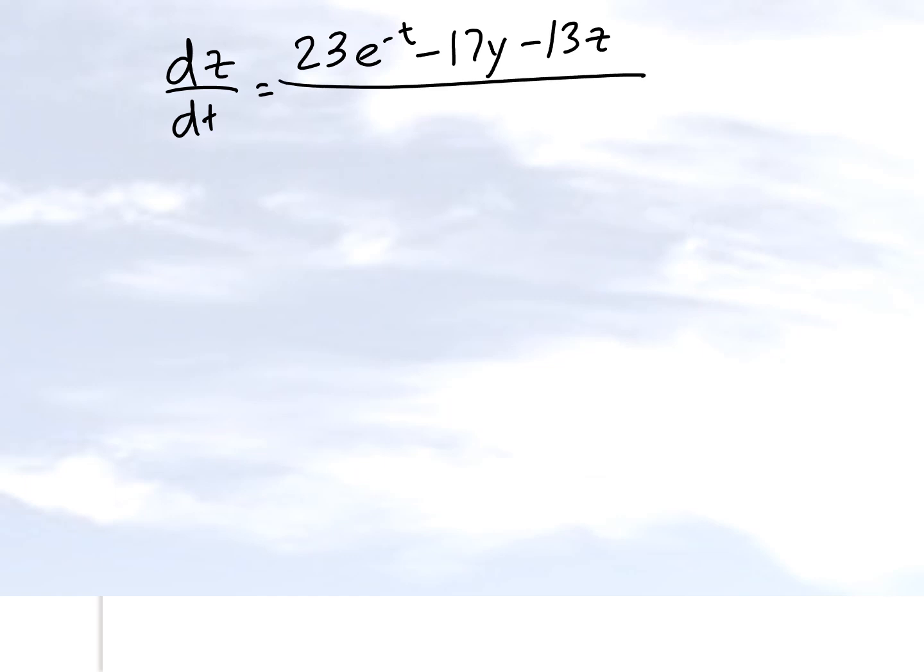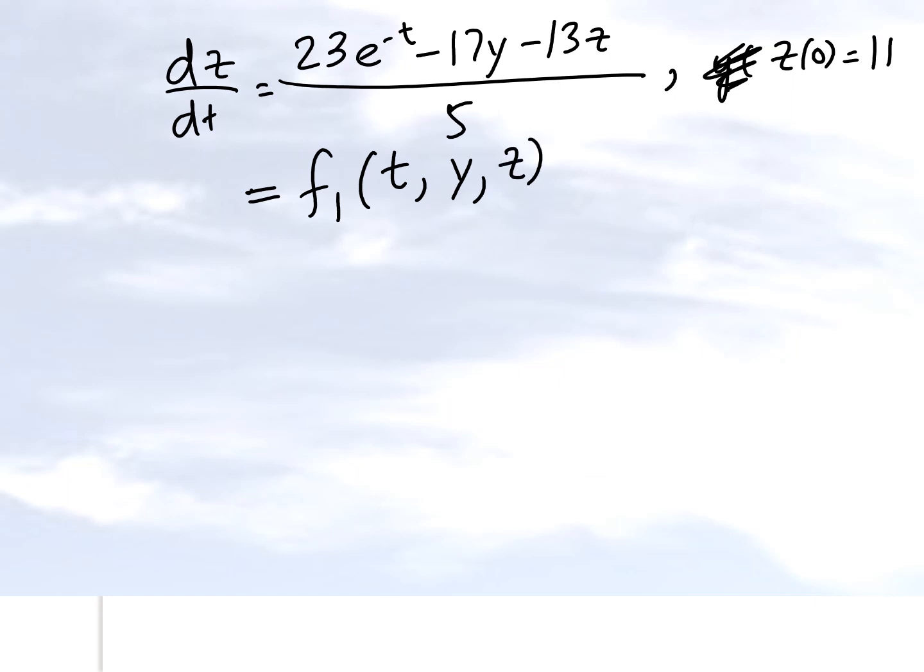Rewriting, we have dz/dt equal to (23 e to the power minus t minus 17y minus 13z) divided by 5, with the condition that z sub 0 is 11. Keep in mind this is some function, let's call it f1, of not only t, the independent variable, but also y and z.